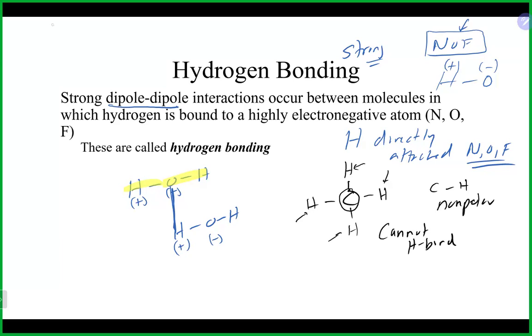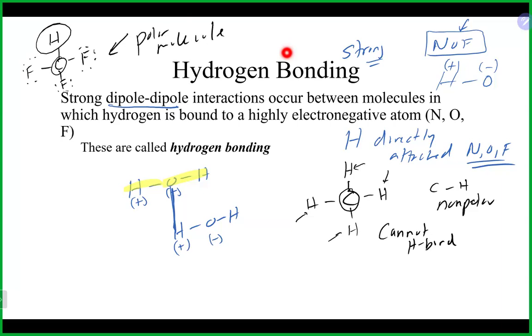Neither can, for example, the one that they used in that video that we just saw, which I think was this one. Even though this has a hydrogen, it is directly attached to the carbon, which means it's basically neutral. So this cannot hydrogen bond. But as they talked about in that animation, this is a symmetrical geometry, but not everything attaches the same, which means this is a polar molecule.